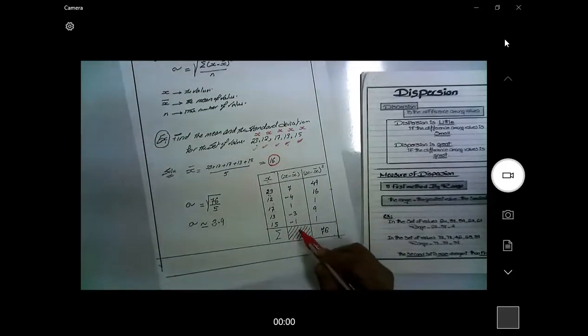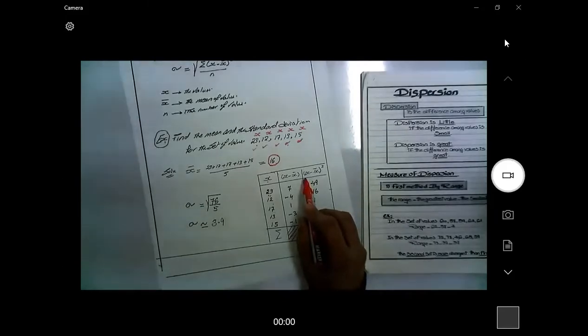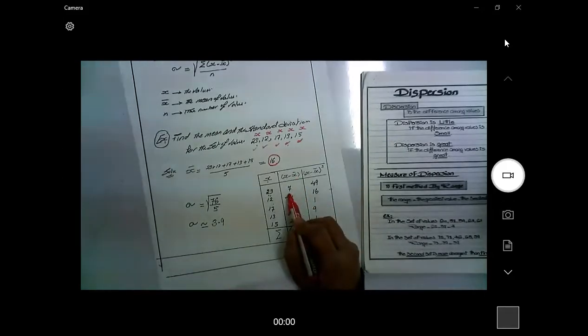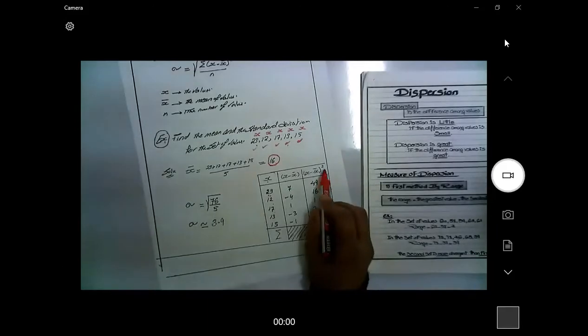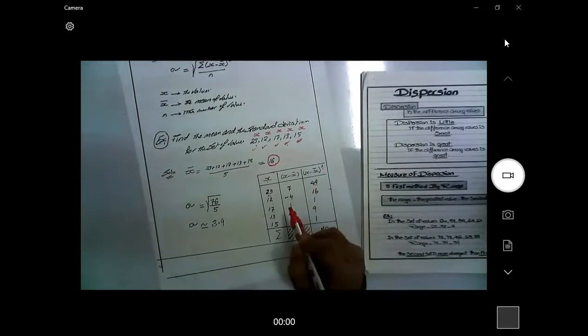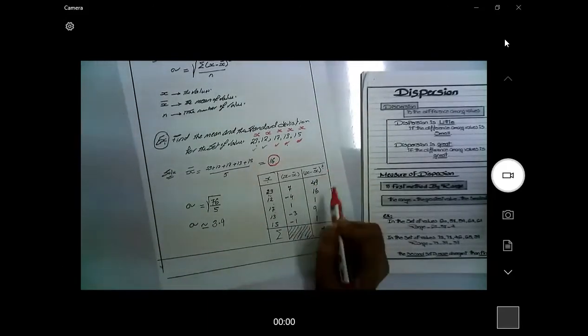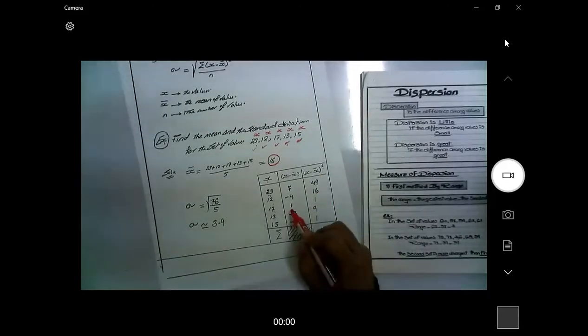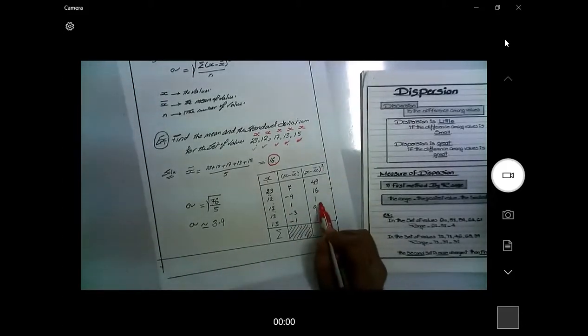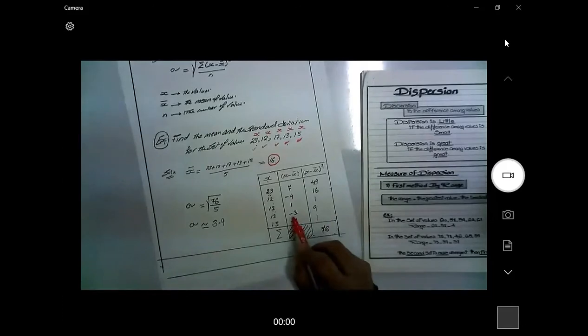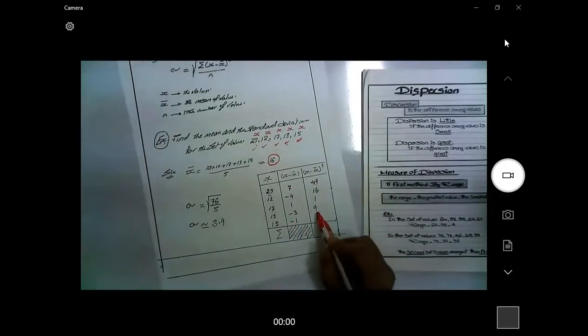We are going to block this column. Then we will get x minus x dash all to the power 2. After getting x minus x dash, we are going to square: 7 squared is 49. Negative 4 squared is 16. 1 squared is 1. Negative 3 squared is 9.